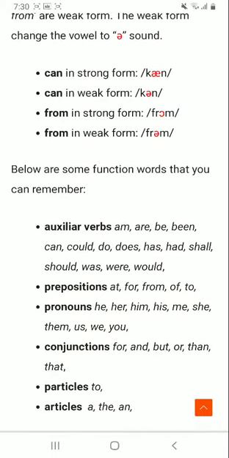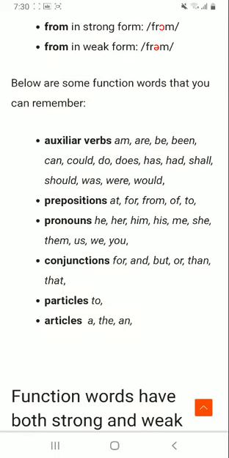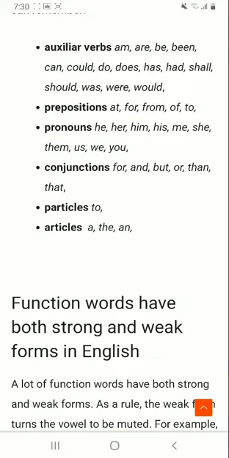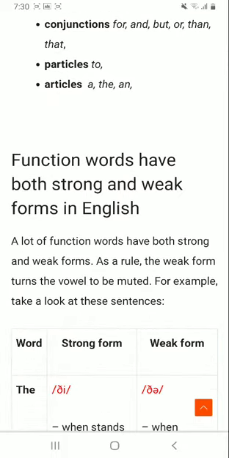See, auxiliary verbs: am, are, be, been, can, could, do, does; prepositions: at, for, from, of, to; and pronouns, conjunctions, particles, articles. These are the words we use for both the strong form as well as the weaker form. Function words have both strong and weak forms in English. We have both strong and weak form for each word.